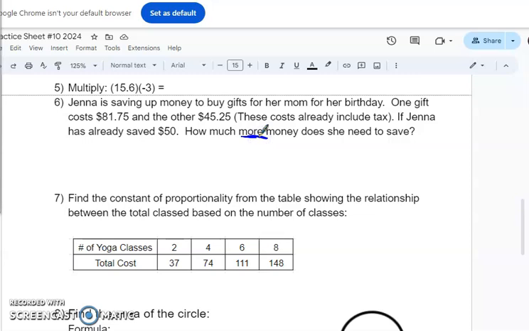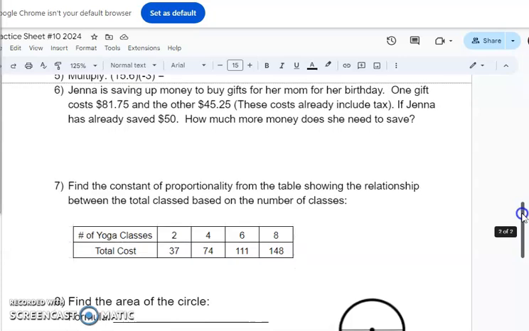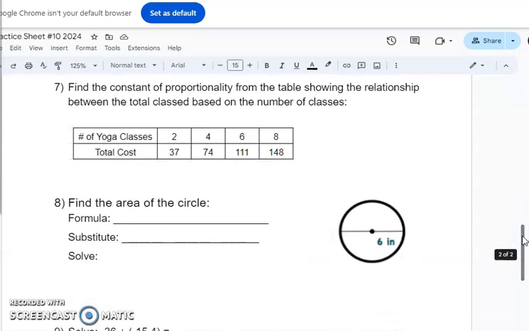Okay, so basically she needs to have enough money for this and this, right? So we're going to add those, and then if you have $50, you have to figure out how much more we need to get to that amount. So I want you to try to figure out that last step. Think if this was you and you had $50, how would you figure out how much more money you needed?